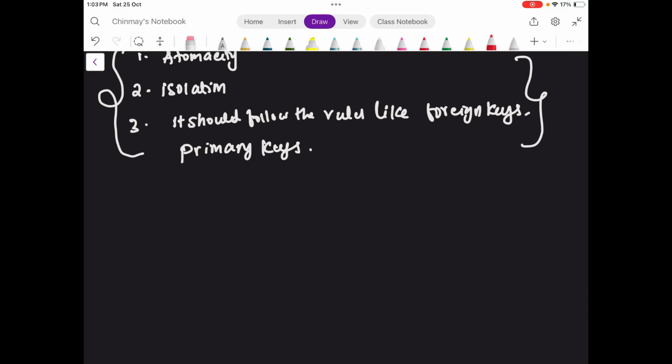Same, the inventory management. We have a stocks table. This time item ID and total.